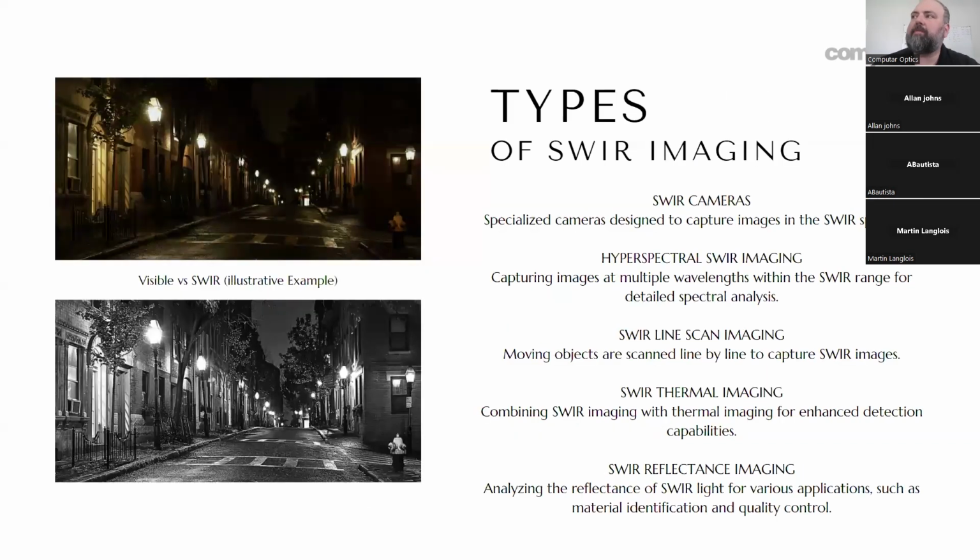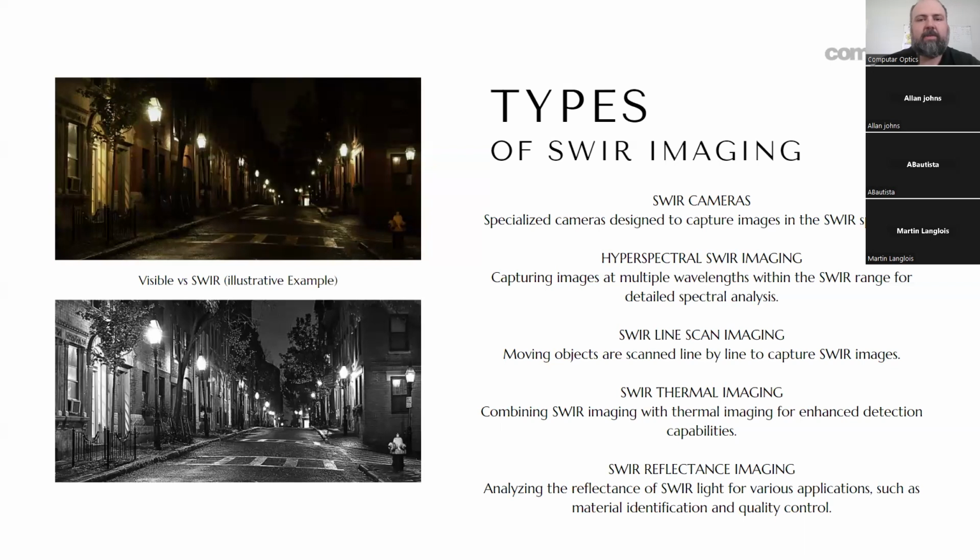So let's look at the types of SWIR imaging. We mentioned earlier SWIR cameras, those are going to specialize within that SWIR spectrum. We also then have hyperspectral imaging. That hyperspectral imaging is going to carry a lot of wavelengths. Again, the hyperspectral is up to 100 different types of contiguous spectral bands. Next, we have the SWIR line scan imaging, so line scan cameras that capture in that SWIR.